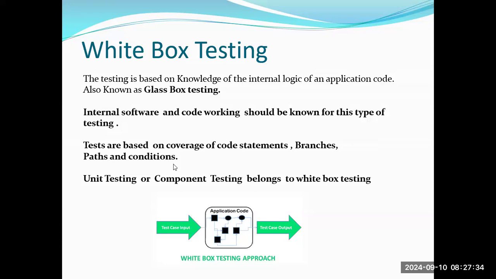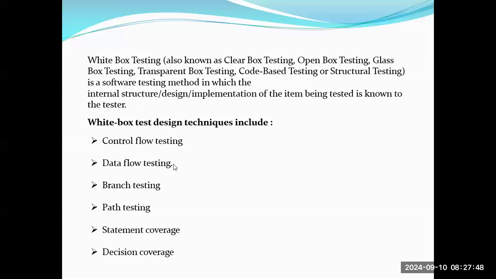Because you know what transparent means: you are able to see the code, right? So that is called unit testing, or we can say it's white box testing. Glass box, clear box or open box, all belong to white box testing. White box testing is also known as clear box, open box, glass box, transparent box.